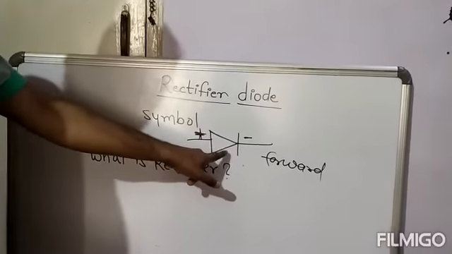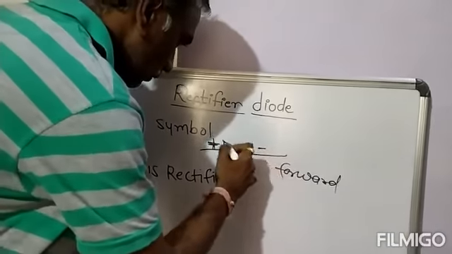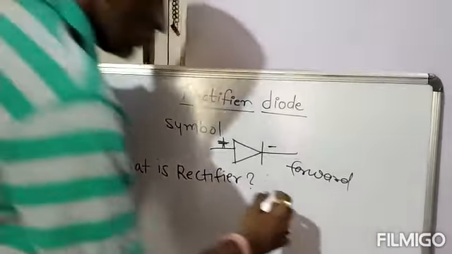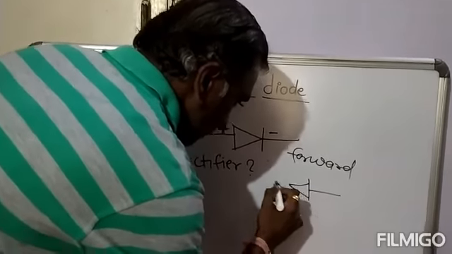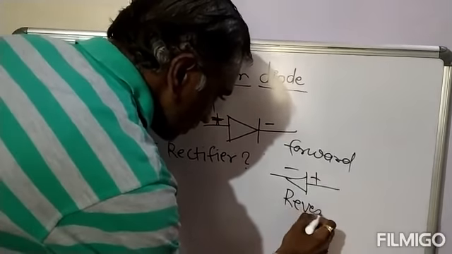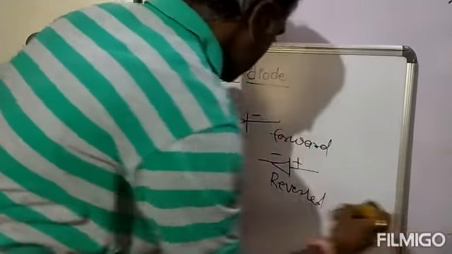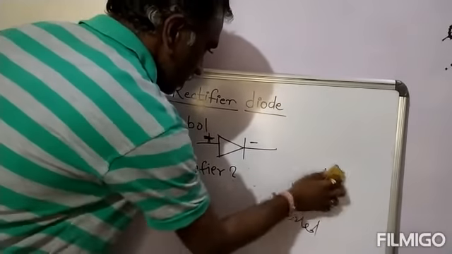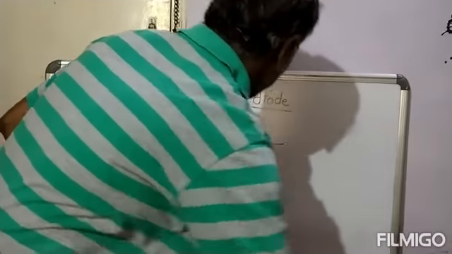Then we see this symbol, the diode is in the forward direction. And whenever we connect diode this way, it is the reverse. Okay, so let us go to the detail.